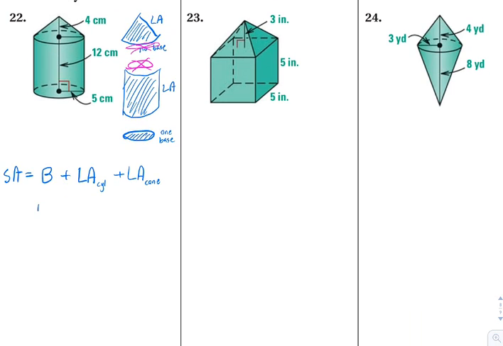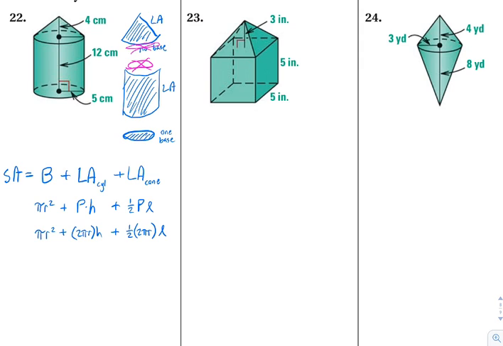So I've got pi r squared plus the lateral area of the cylinder is the perimeter times height, and the lateral area of the cone is 1/2 perimeter times slant height. So now I've got pi r squared plus 2 pi r h plus 1/2 2 pi r L.